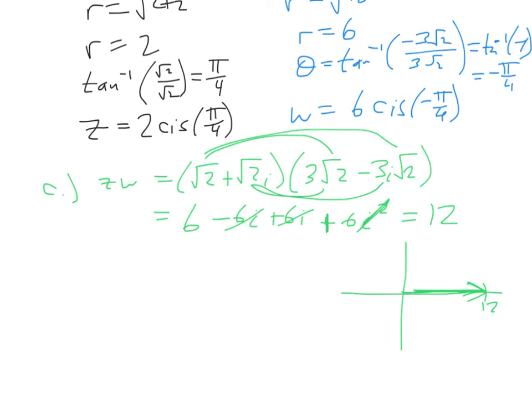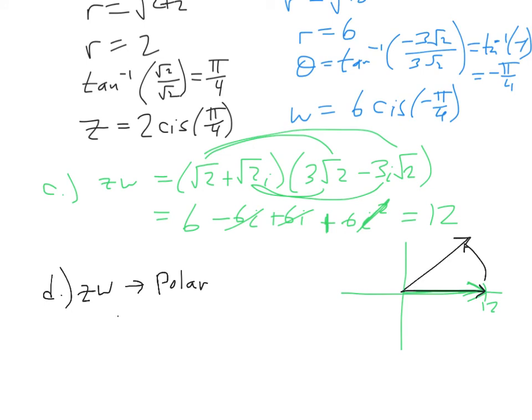Now, the reason that this is valuable is that in part D, we're asked to take zw and convert it into polar form. Okay? But based on this, can we already tell what the magnitude of this is, what the distance is from the origin over to here? Yeah, I mean, it's 12. It's not up at an angle where we have to compute a modulus for this thing.